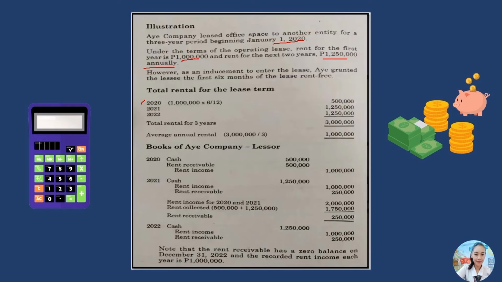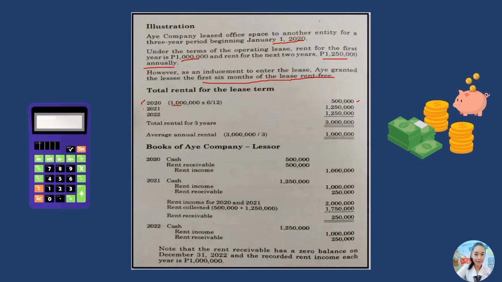It is stated here that the annual rent the lessor A company will receive for the first year is 1 million. But it was also stated here that the first 6 months would be rent-free, so only 6 months is payable by the lessee. So that would be 1 million times 6/12, so it is 500,000 only.